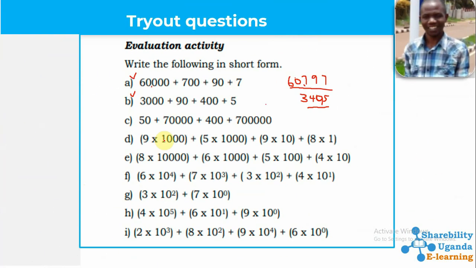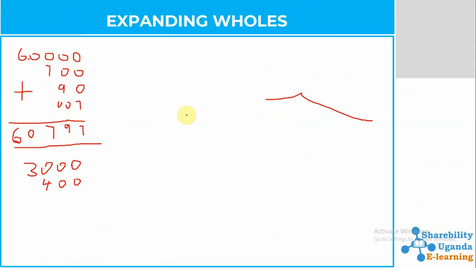Then we also have 90, then plus 5. So this is the same as adding: this is the same as our 5, then our 9, then our 4.